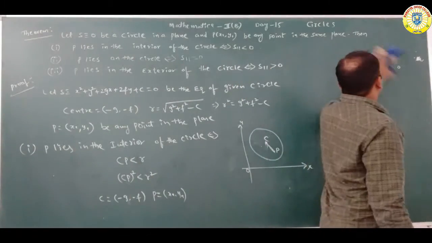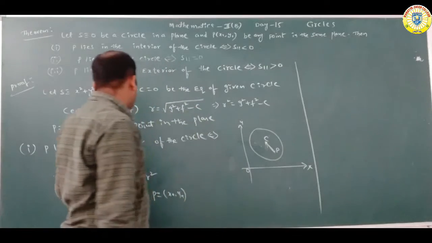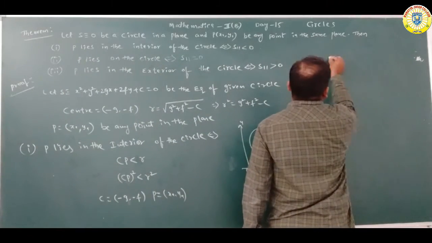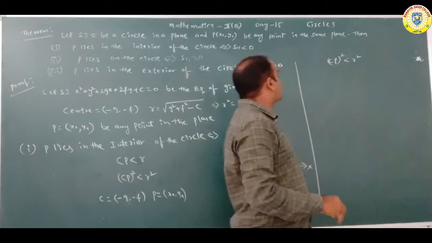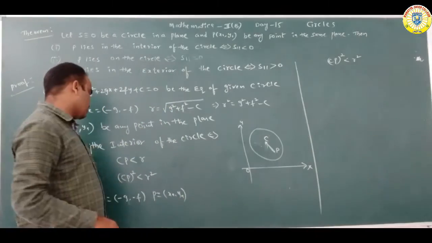So now we are calculating this one. See here, CP square less than R square. C is equal to minus g comma minus f, and P is equal to x1 comma y1.